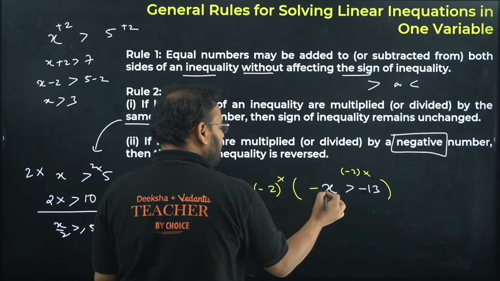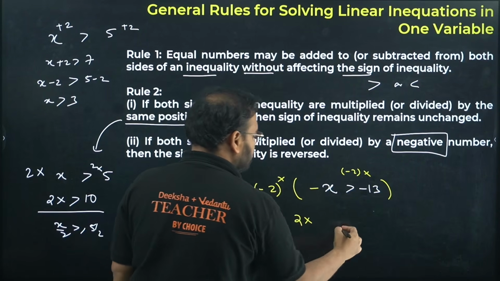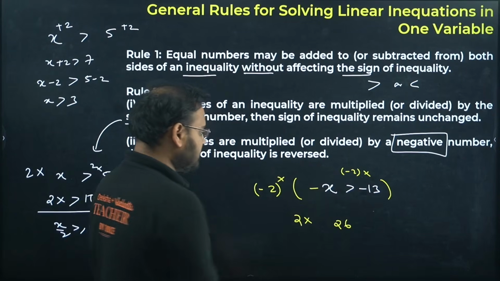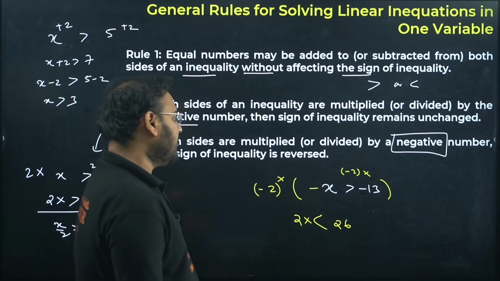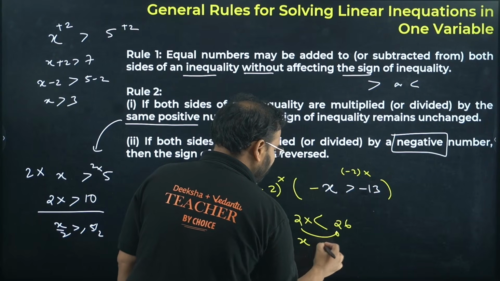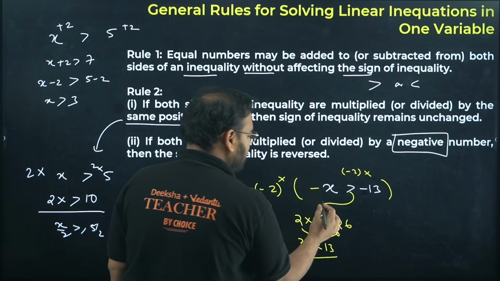If you multiply by minus 2, it becomes 2x over here and 26 over here. But since you multiply with a negative value, this inequality will reverse. So if you divide by 2 on this side, you'll get x is less than 13. Check here, the greater than becomes the less than.